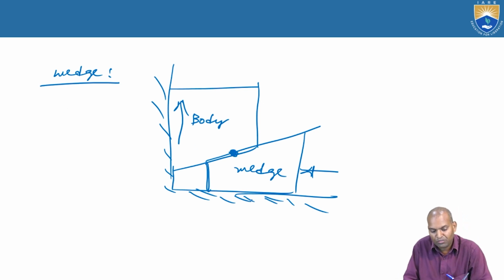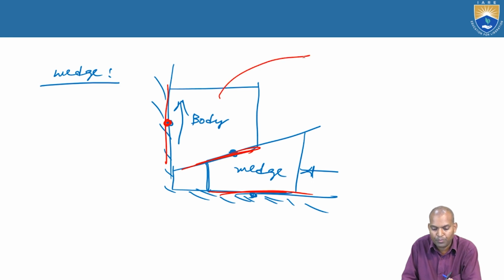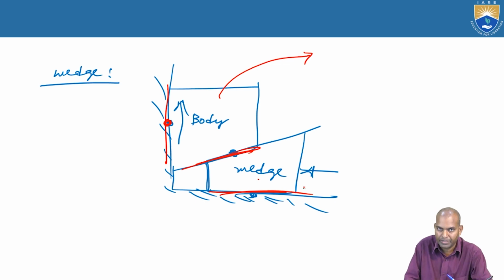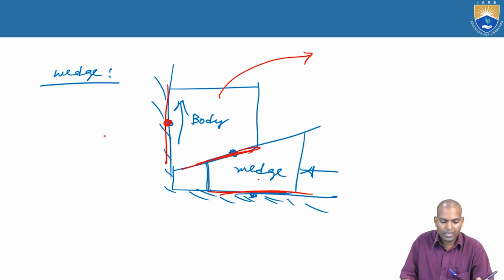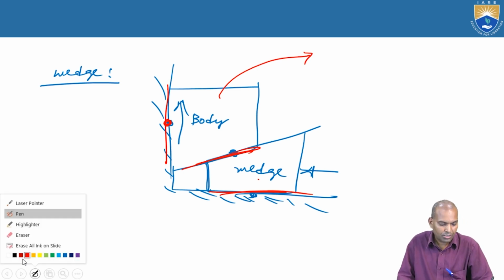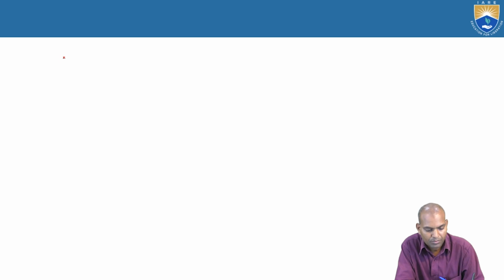What is the friction between these contact surfaces? These are the contact surfaces, here and here. First consider the body and draw a free body diagram. Then consider the wedge, draw a free body diagram, apply equilibrium conditions, and you will get the required objectives. The next, the third module, is module 3.